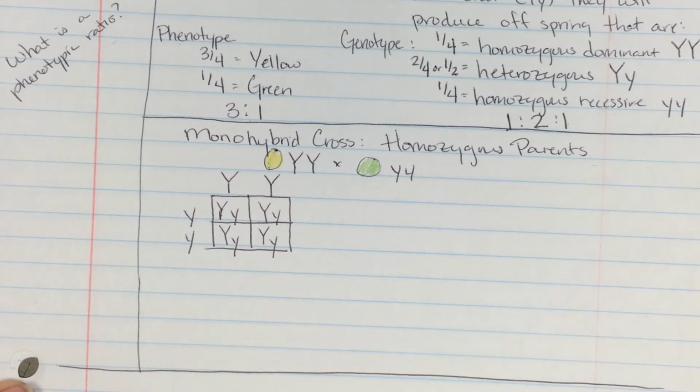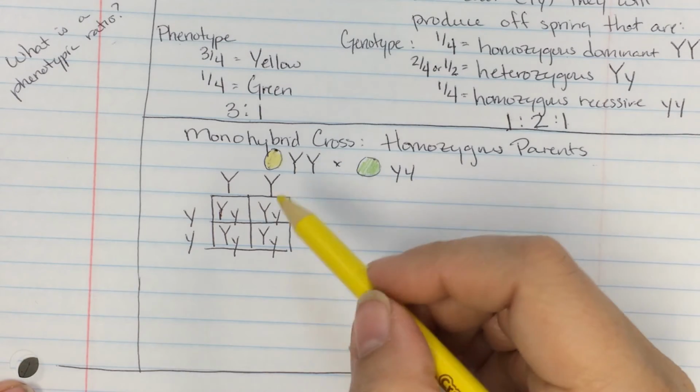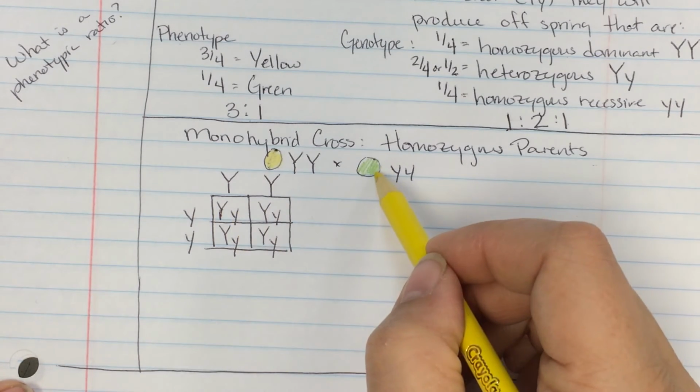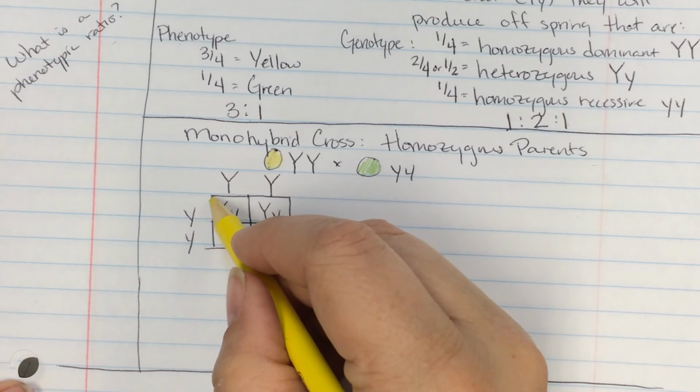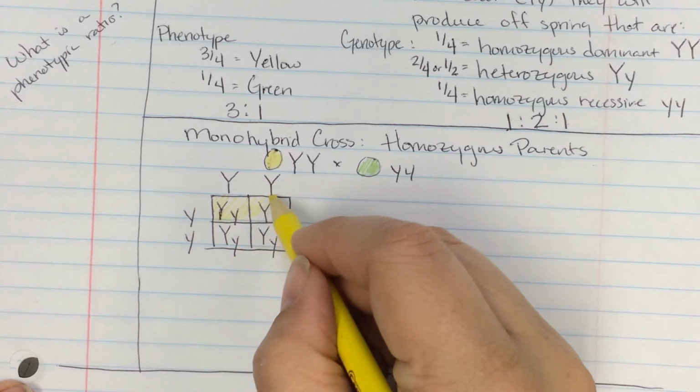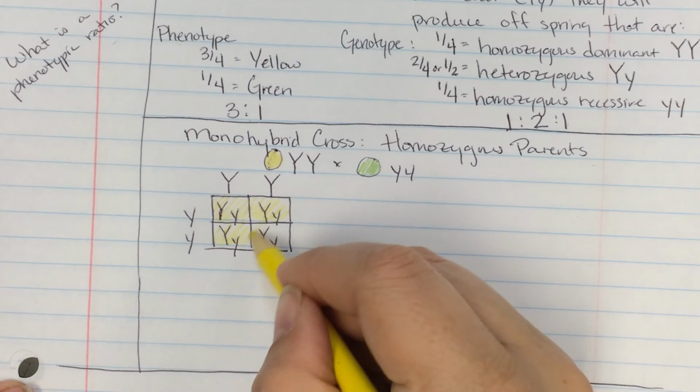Now if Y is the dominant color, that means even though these all had a green parent who gave them the gene for green, because they received the gene for yellow, all the offspring will appear yellow.